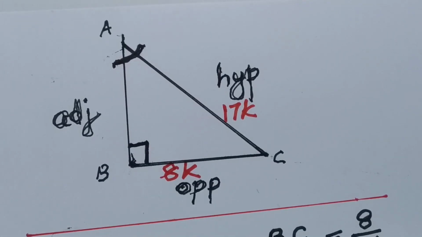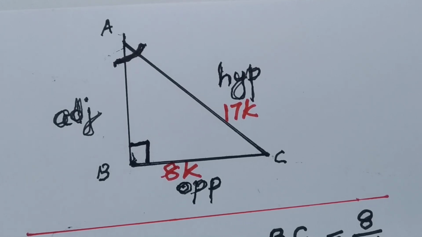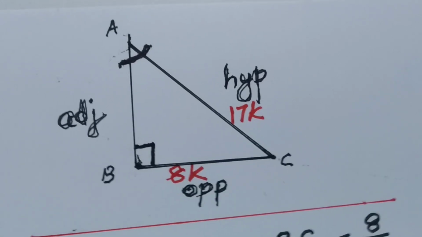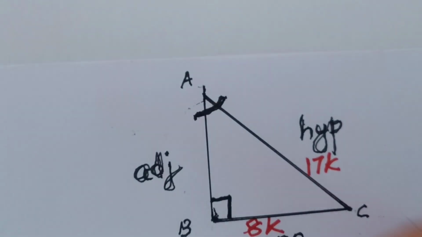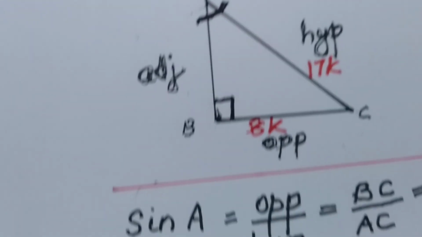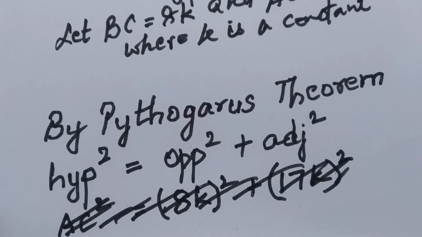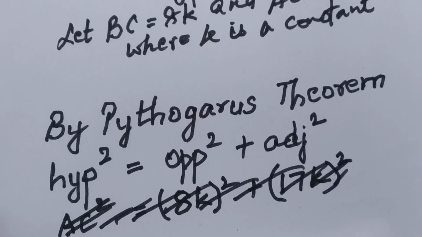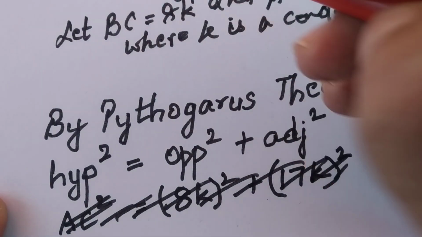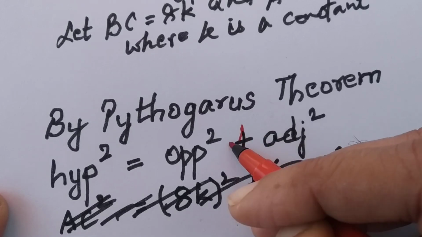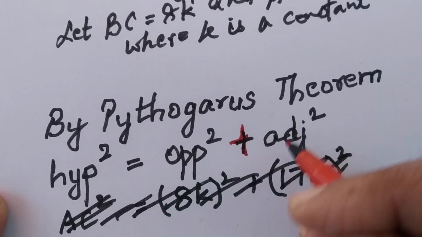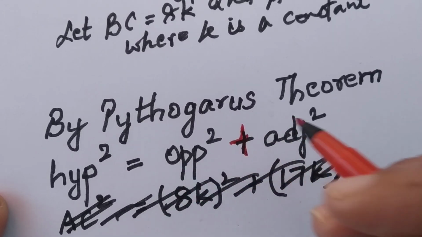We have the opposite and the hypotenuse, because that is what sine is, but we don't know the adjacent. Unless we get the three sides, we will not be able to find cos and tan. So how do we find the adjacent side? By using Pythagoras theorem. Pythagoras theorem says that the hypotenuse squared is equal to the sum of the squares of the other two sides. The other two sides are opposite and adjacent.